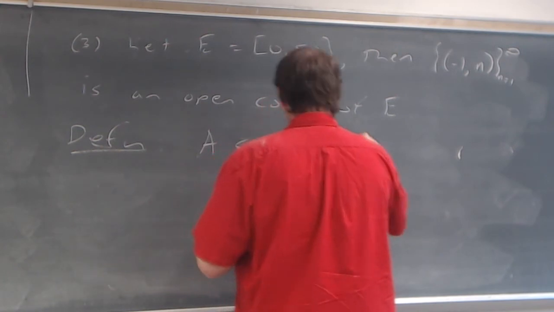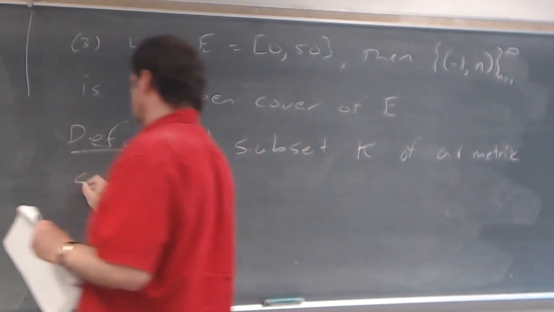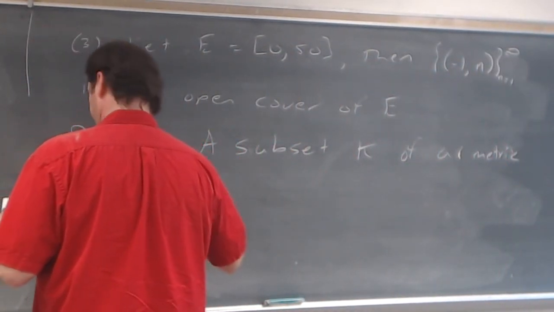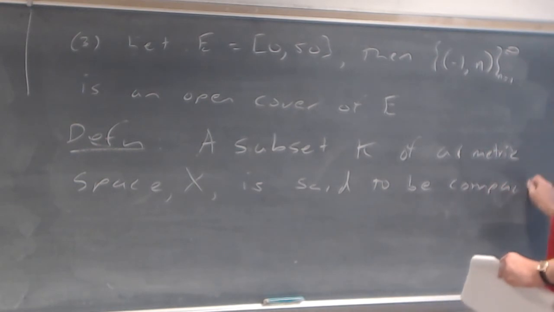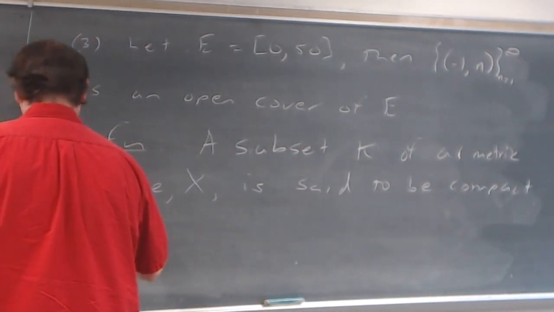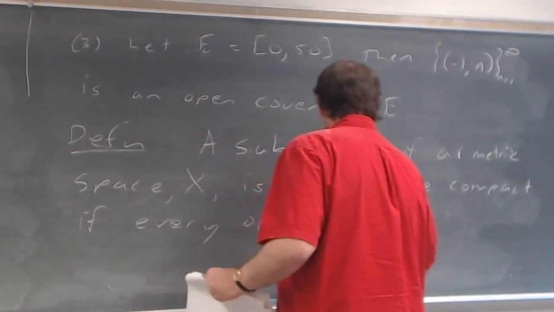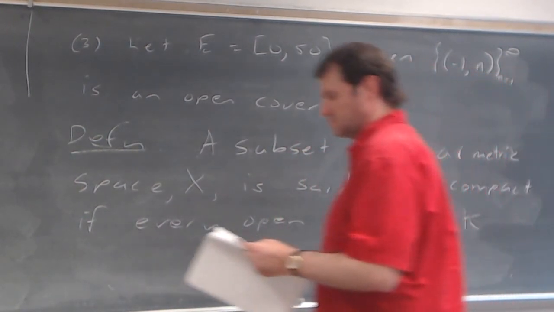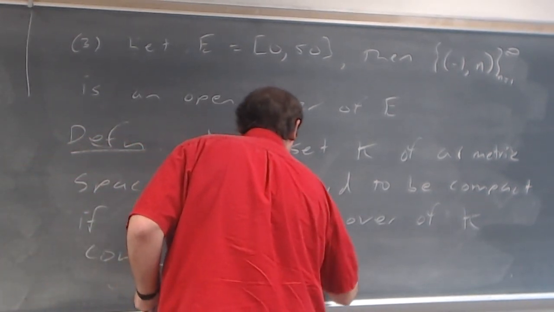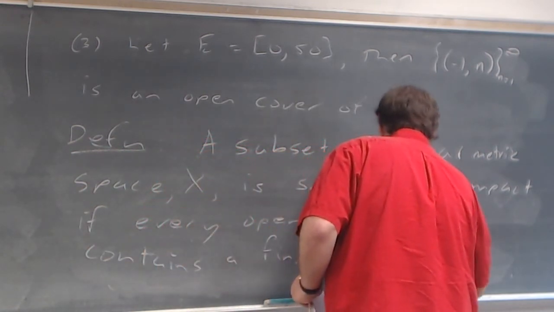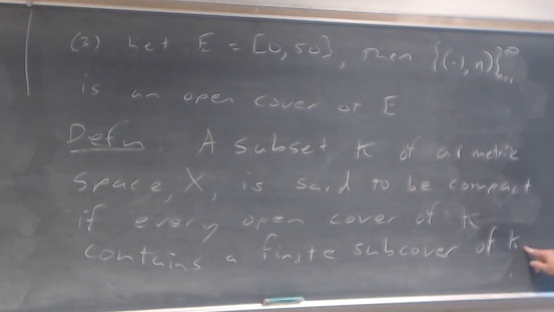A subset K of a metric space X is said to be compact if every open cover of K contains a finite subcover of K. That's what it means.